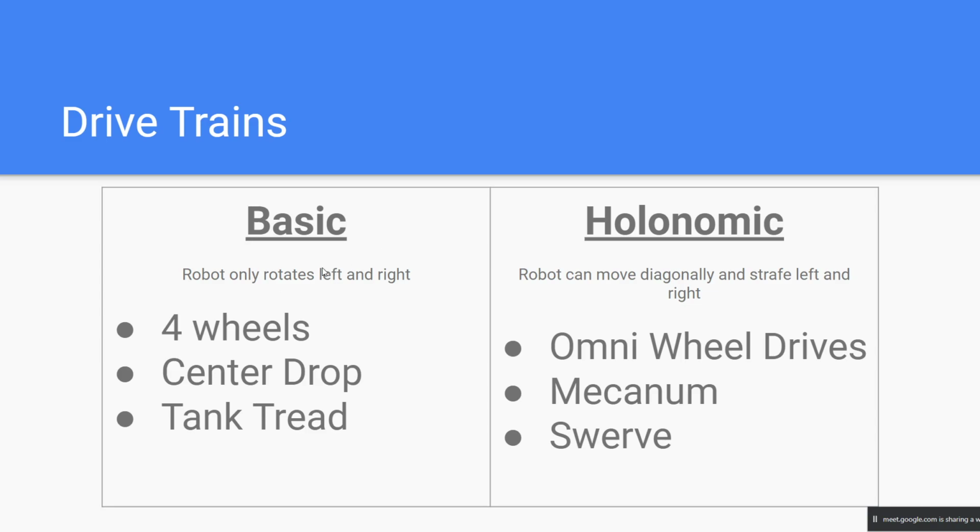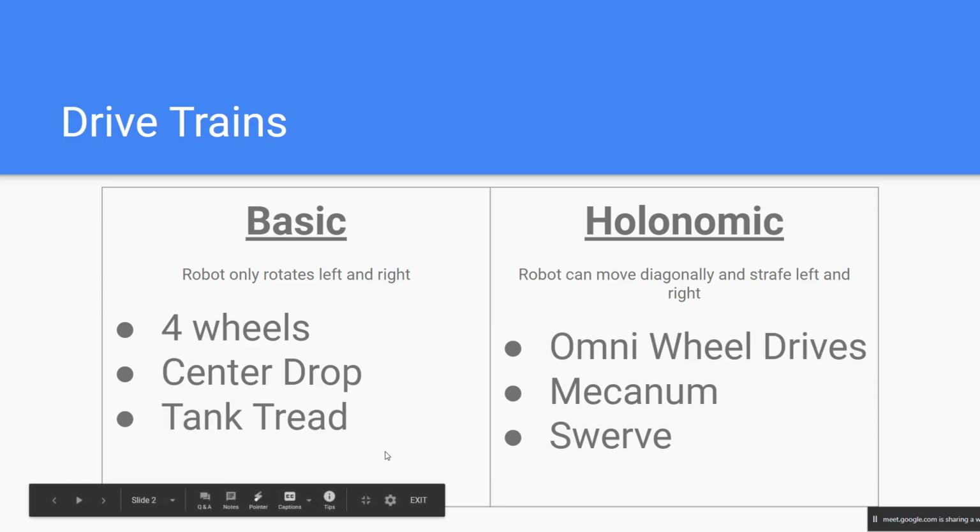This means the robot can only rotate left and right, a little bit like a car. There's a robot with only 4 wheels, pretty basic, a center drop, which I'll get into when we get there, and a tank tread, so it literally looks like a tank.